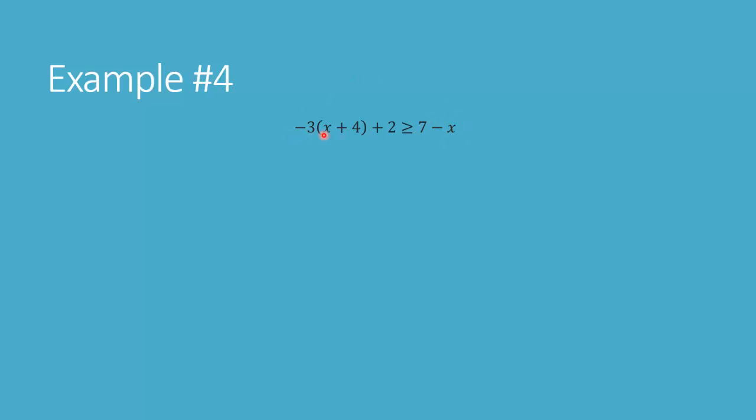So we need to distribute the -3, like so. And this then simplifies to a -10. And again, I am going to simplify both sides by moving this -x over and moving this -10 over here. So I will add 10 to both sides, killing the 10s.